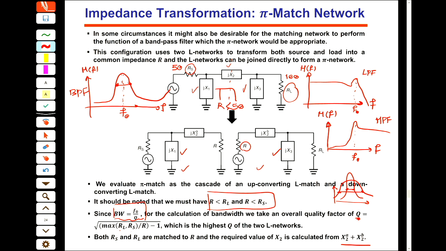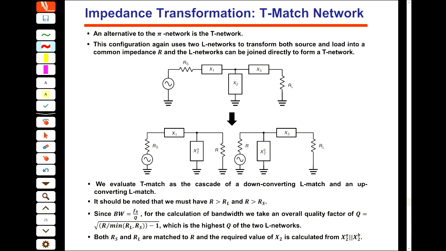Can I go to the next slide? The same thing we have for the T network. Again, T networks work as bandpass filters, with the same method. We just divide our circuit from this point. We have two circuits.